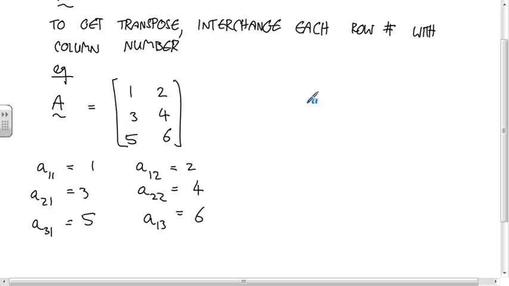Well, to get the transpose, let's call the transpose a new matrix B, so that's equal to A transpose.